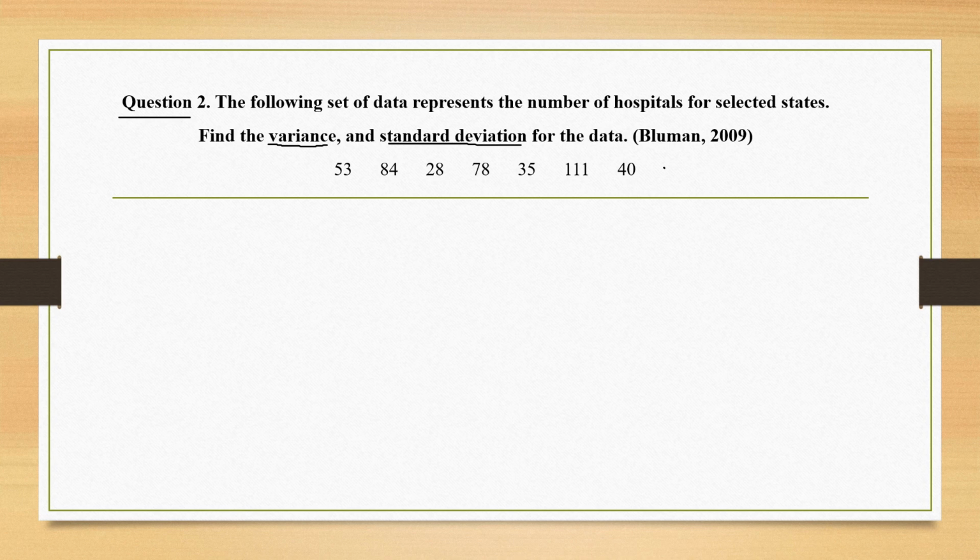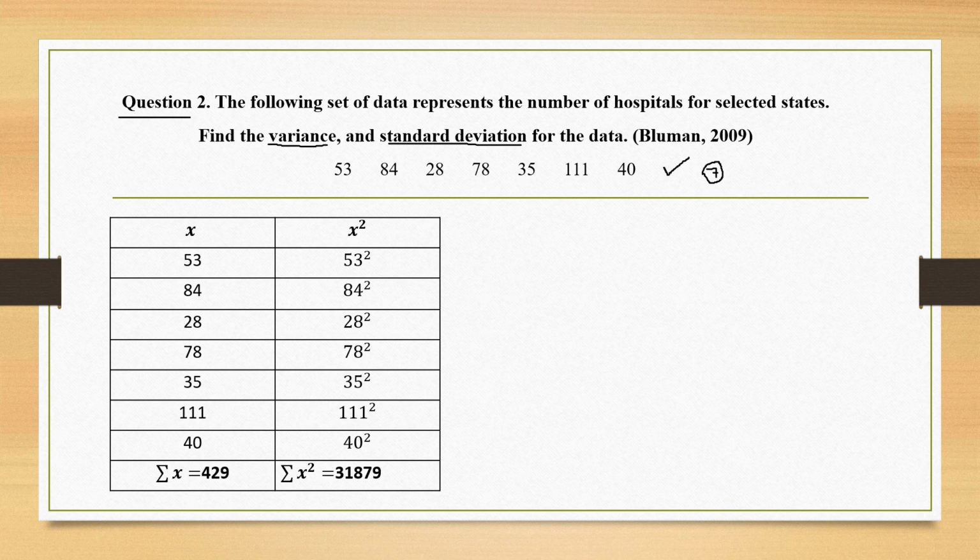The data values are 53, 84, 28, 78, 35, 101, and 40. How many numbers do we have? 1, 2, 3, 4, 5, 6, and 7. So the total number of values is 7. Just keep it in your mind.